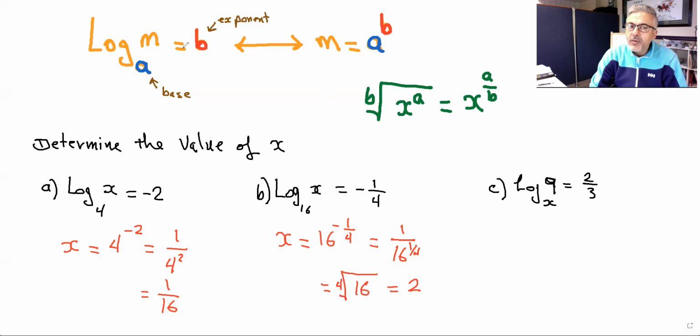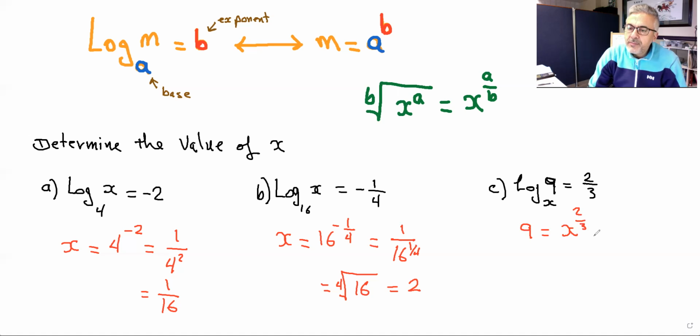Now, again, you go back to this and change it into exponential form. So therefore, just going to be consistent and write my answers in red, 9 equals x to the 2/3.